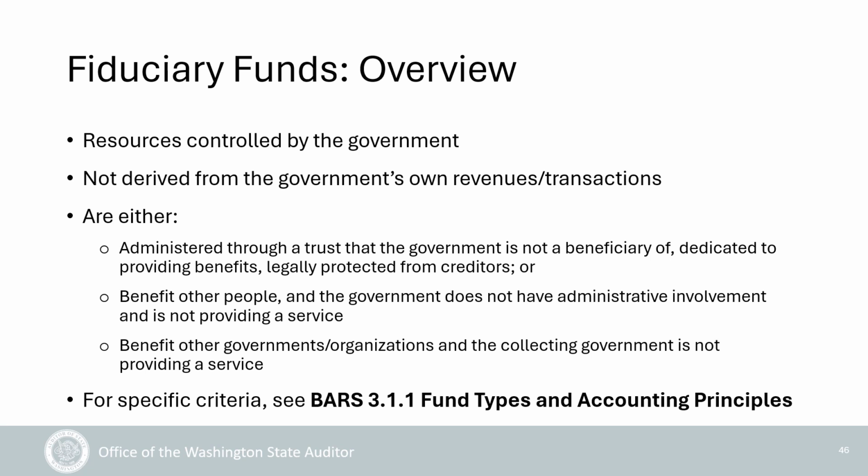For example, if the government is holding the money in their bank account or if their name is on the bank account. Step 2. The resources are not the government's own revenue or transactions. For example, a county collecting the taxes for their special purpose districts. The tax money 100% belongs to the special purpose district and is not the county's own revenue.